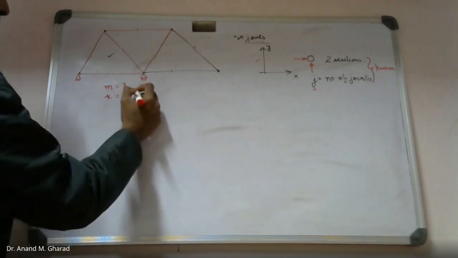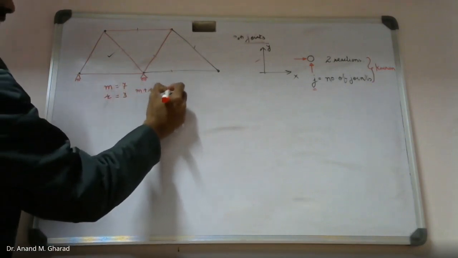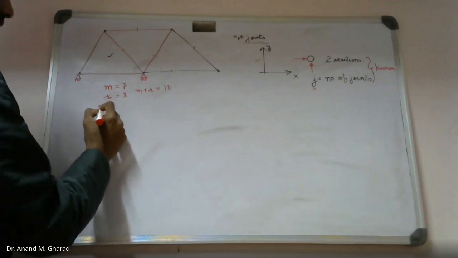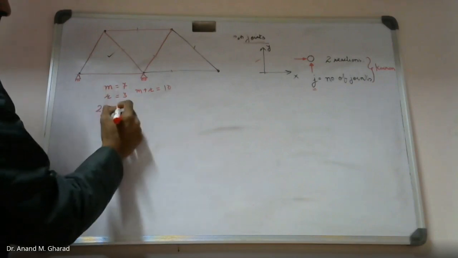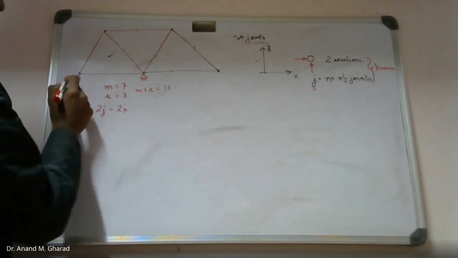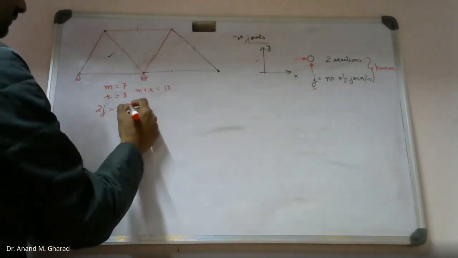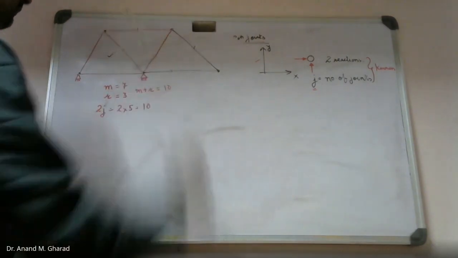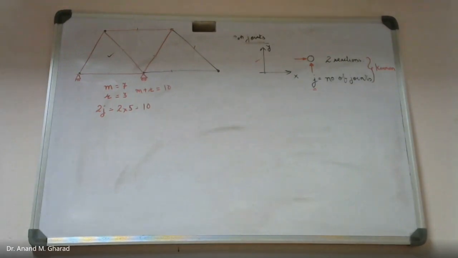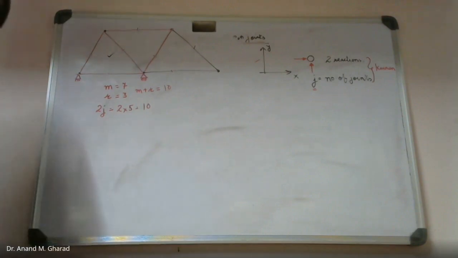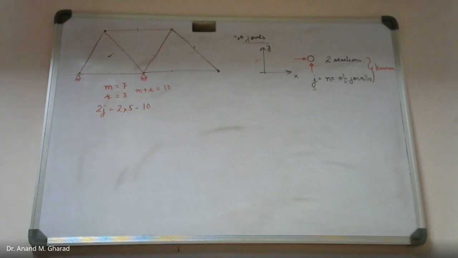So m plus r equals 10. What about 2 into j? How many joints? 5. 1, 2, 3, 4, 5. So the left hand side is equal to the right hand side. So everything is rigid. There is no movement. There is no relative movement between any of the members. There is no mechanism as such.